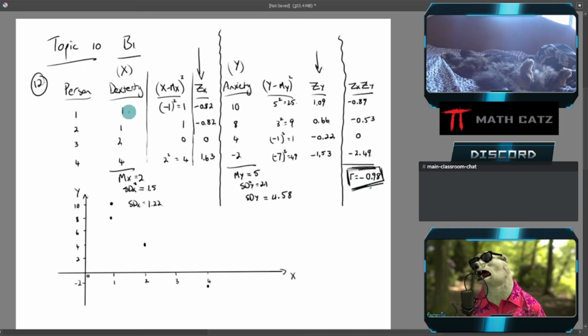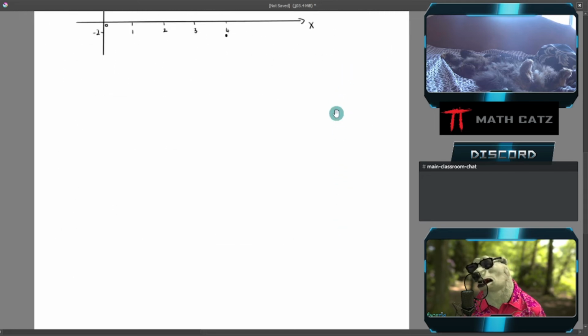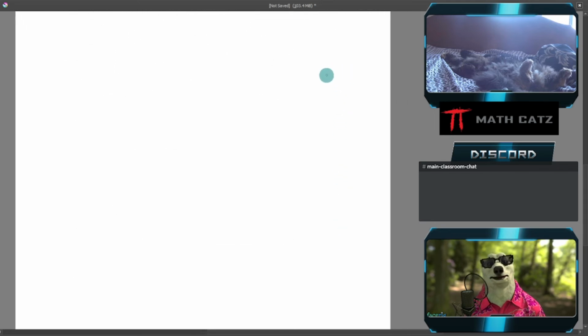We could have had two very rare and extreme sets of anxiety and dexterity scores, giving us a correlation coefficient that we calculate in this way, but not representative of the connection and relationship between these variables in general. So there's still this sample element that we need to be aware of.